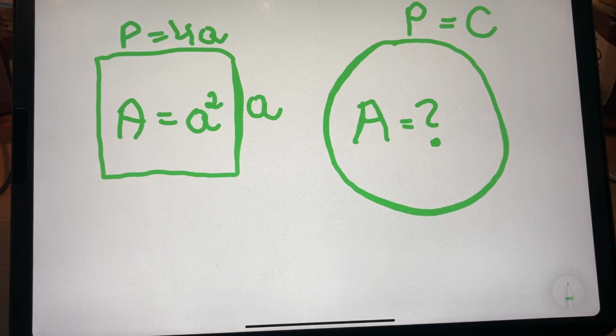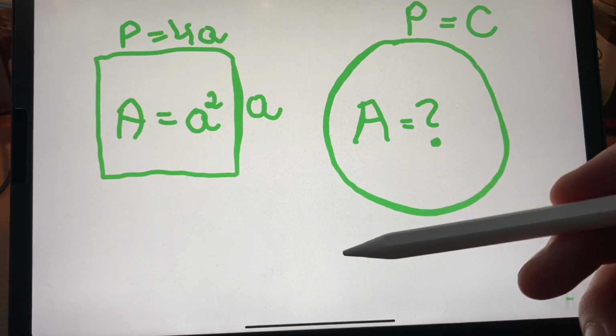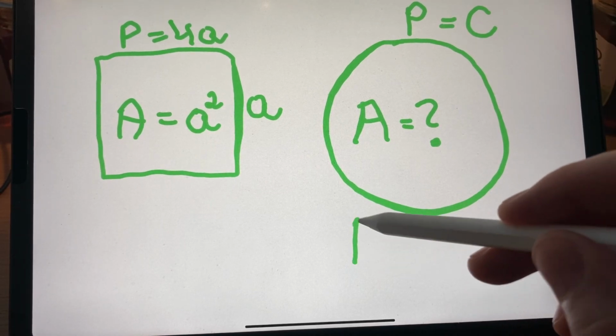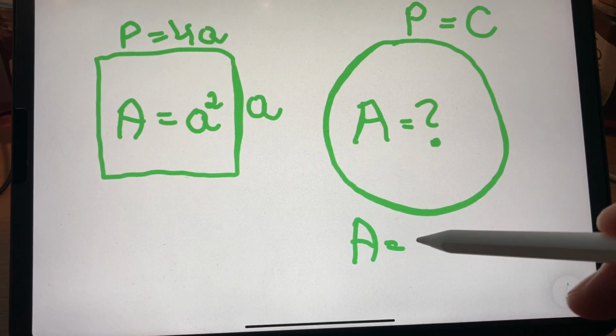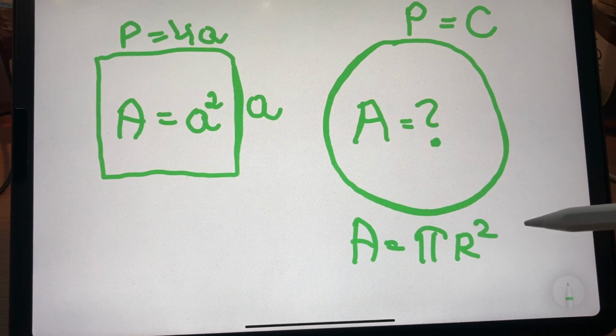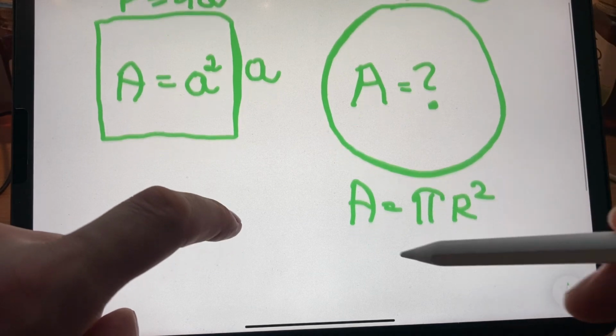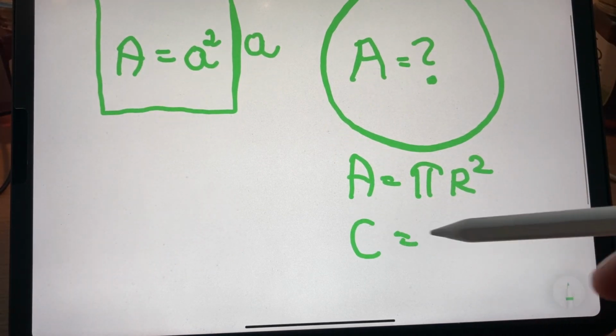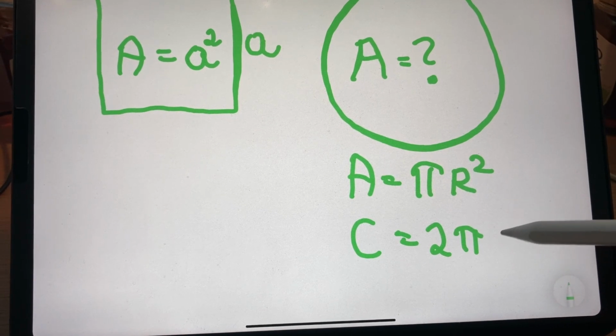I think the circle is bigger, but let's find out right now. The area of a circle is pi times r squared, and the circumference of a circle is 2 pi r.